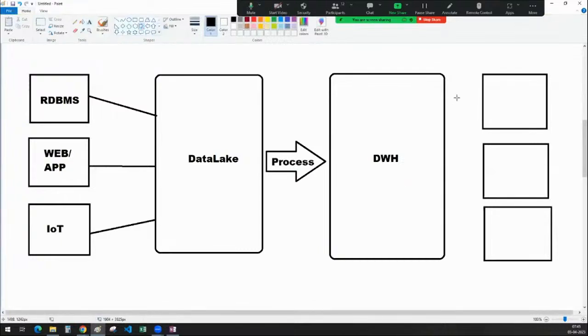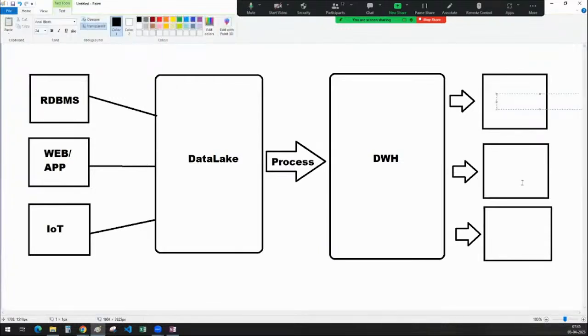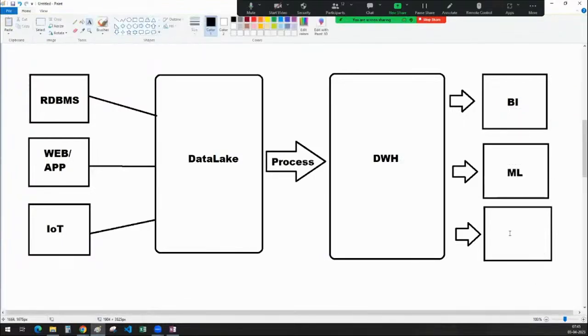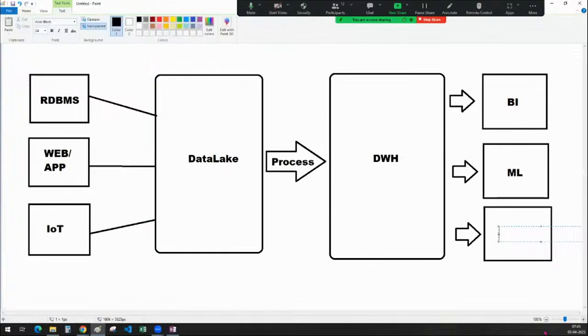Finally, as per the business requirements, it will be creating ML models. There will be dashboard requirements, there will be ad hoc requirements. So based on BI requirements, or ML, or some ad hoc requirement, this is how it will be, guys.